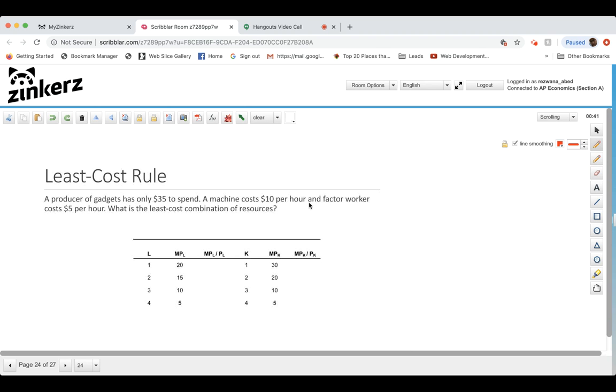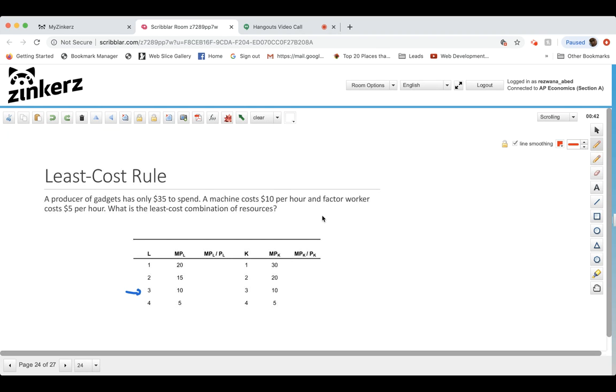A machine costs $10 per hour, and a factory worker costs $5 per hour. So what is the least cost combination of resources that he should hire? How many workers and how much capital should he employ if he is trying to achieve it in the least costly way?